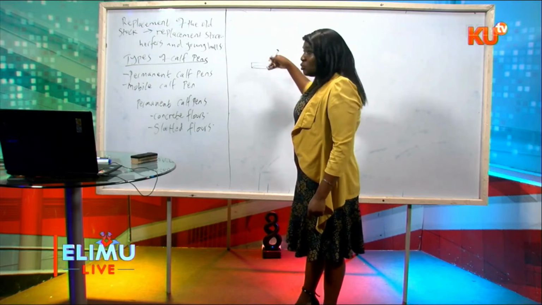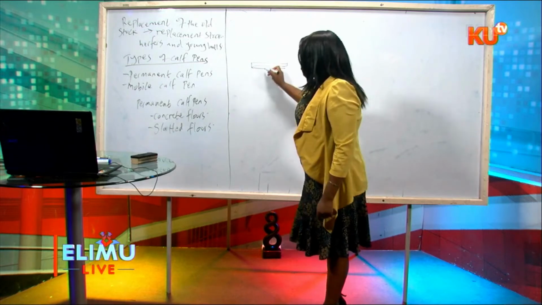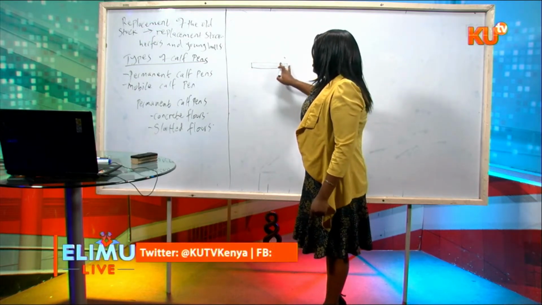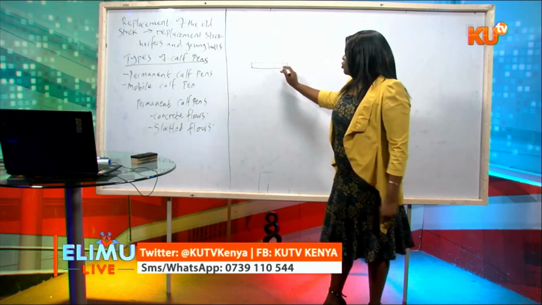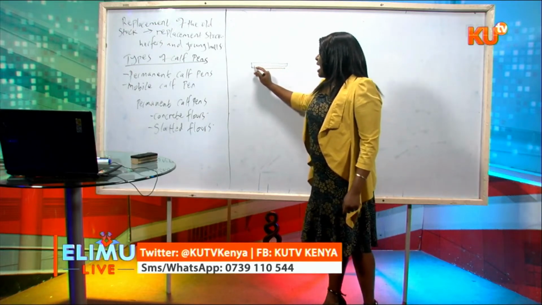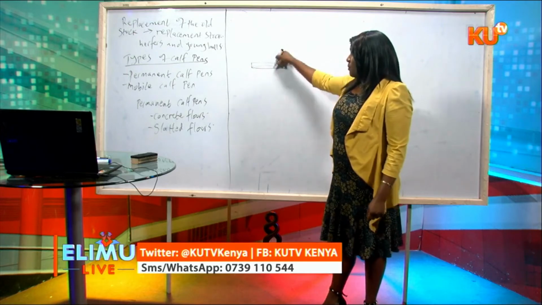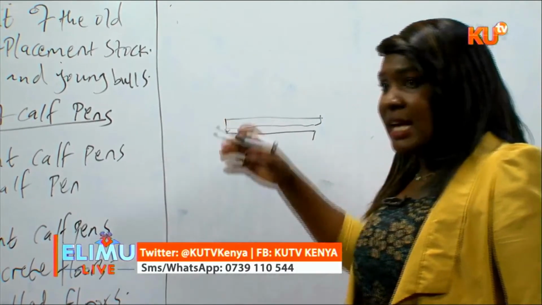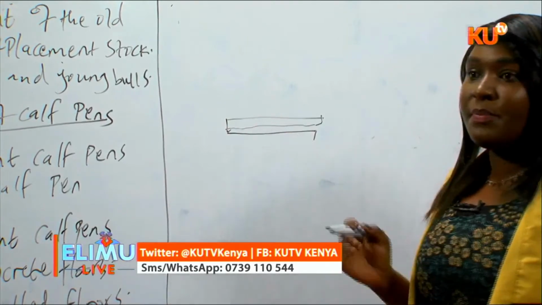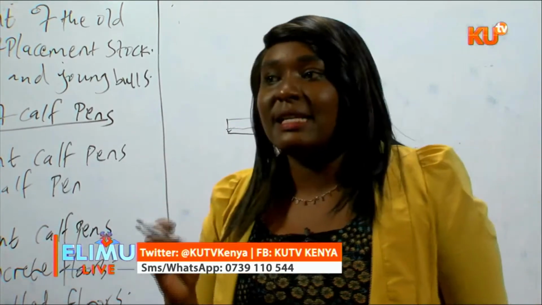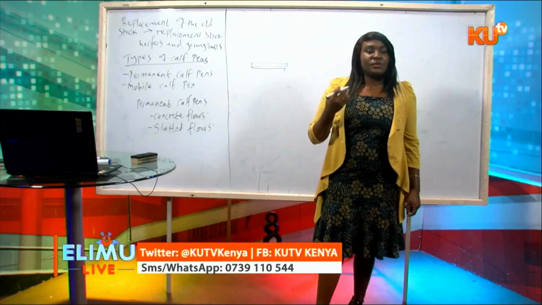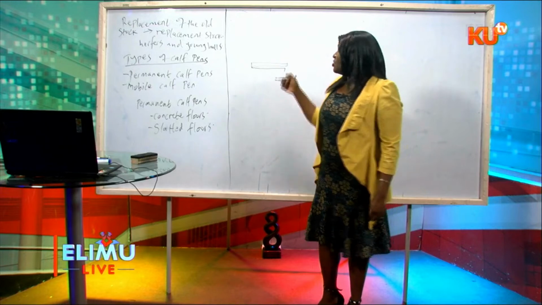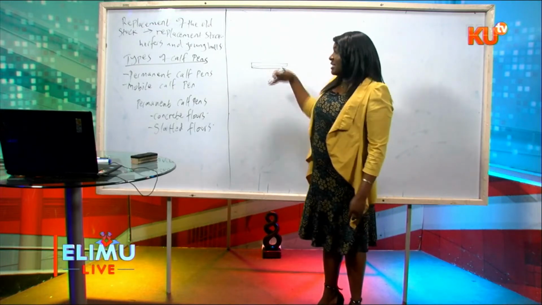There's a gap between two timber pieces. And of course the gap should not be very large, to prevent the legs of the calves from getting in there and injuring the animal. So there should be a slight gap between the two timber pieces to facilitate drainage. When there is urination and defecation, there is easy drainage through the spaces that have been left.